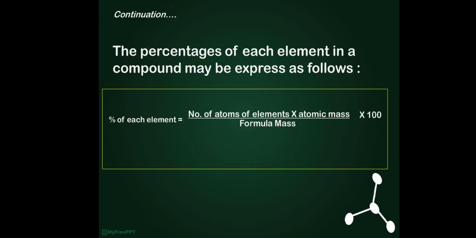For the continuation, the percentage of each element in a compound may be expressed as follows. So we've already done discussing or calculating the percentage composition, and the percentage of each element in a compound we can express in this type of formula. The percentage of each element is equal to the number of atoms of the element times the atomic mass, divided by the formula mass, multiplied by 100.